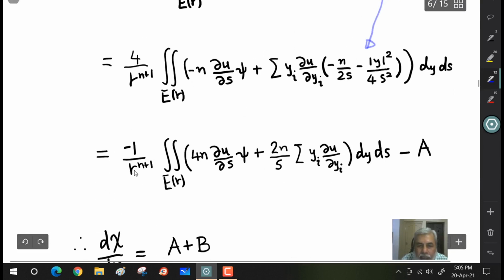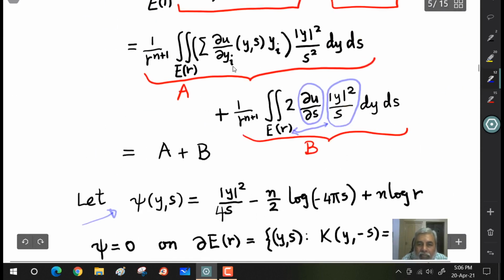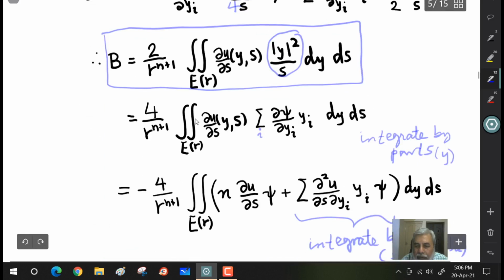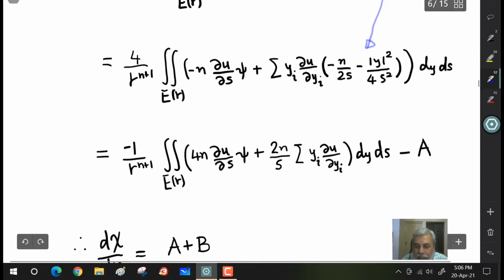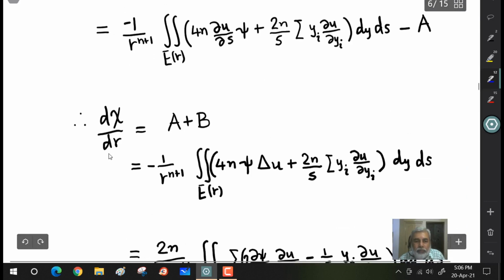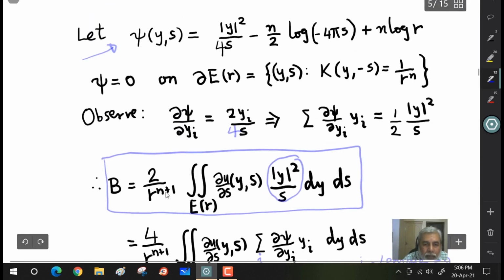So the first term gives me this additional term, and second term is precisely a. Okay, again you go back and check here, so this is a. So with del u by del yi |y|^2 by s^2, and that gives me a, and that is minus a.